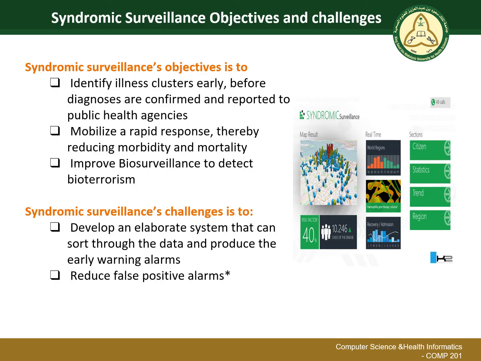The syndromic surveillance objectives and challenges: the objective is to identify illness clusters early, before diagnoses are confirmed and reported to public health agencies, and mobilize a rapid response, thereby reducing morbidity and mortality, and improve biosurveillance to detect bioterrorism.